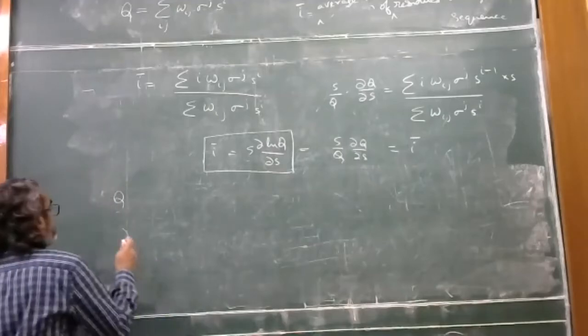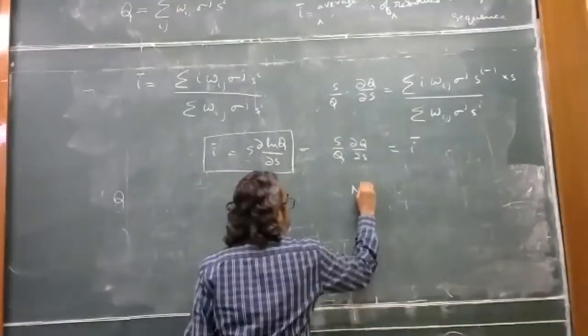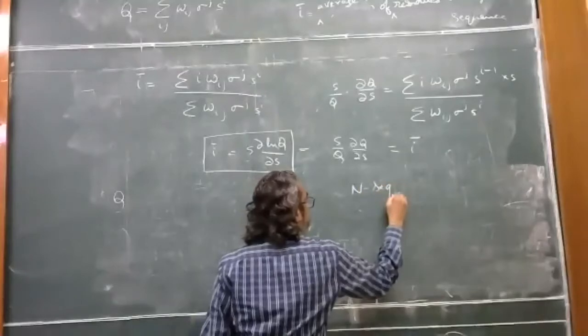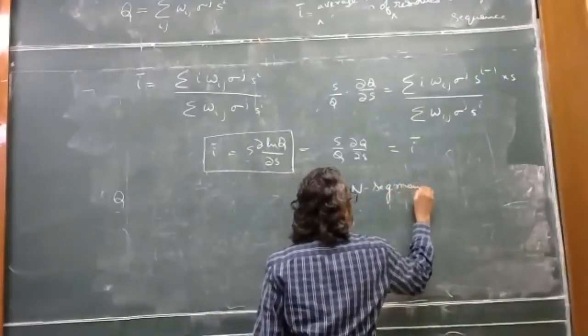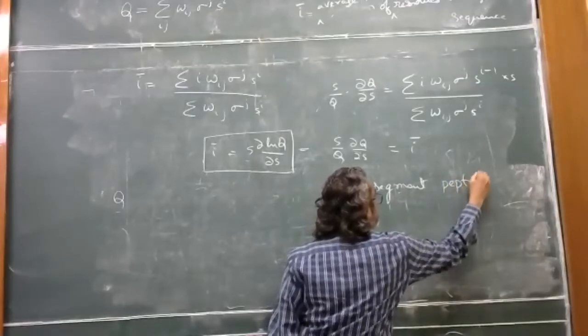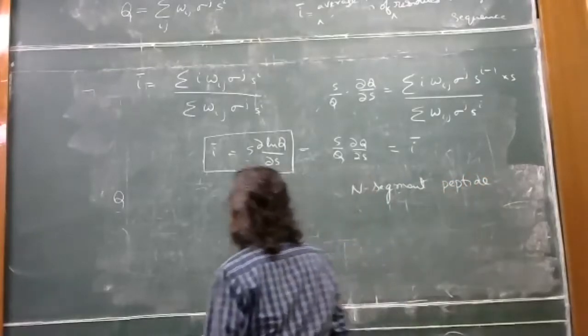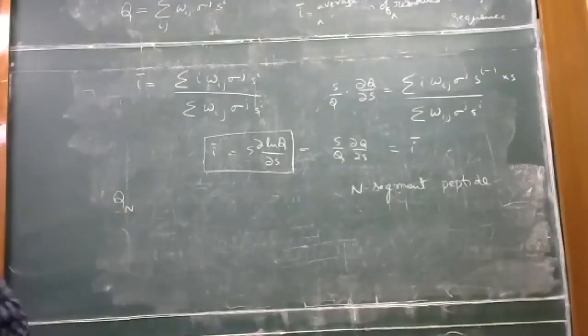Okay, so we can start like this. Let's say you have an n segment peptide, and for that you need to get the partition function for n.